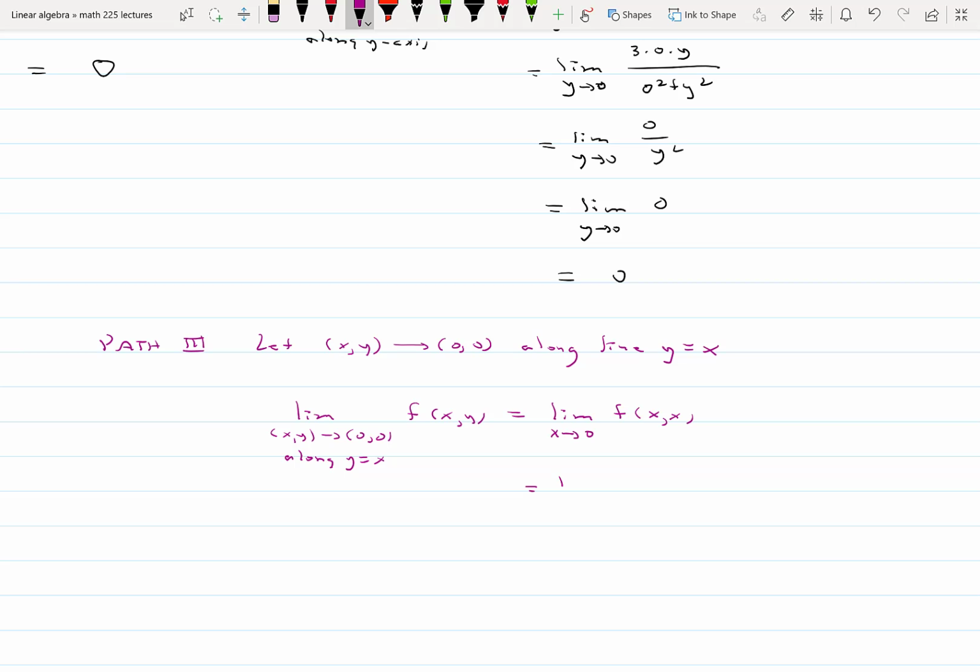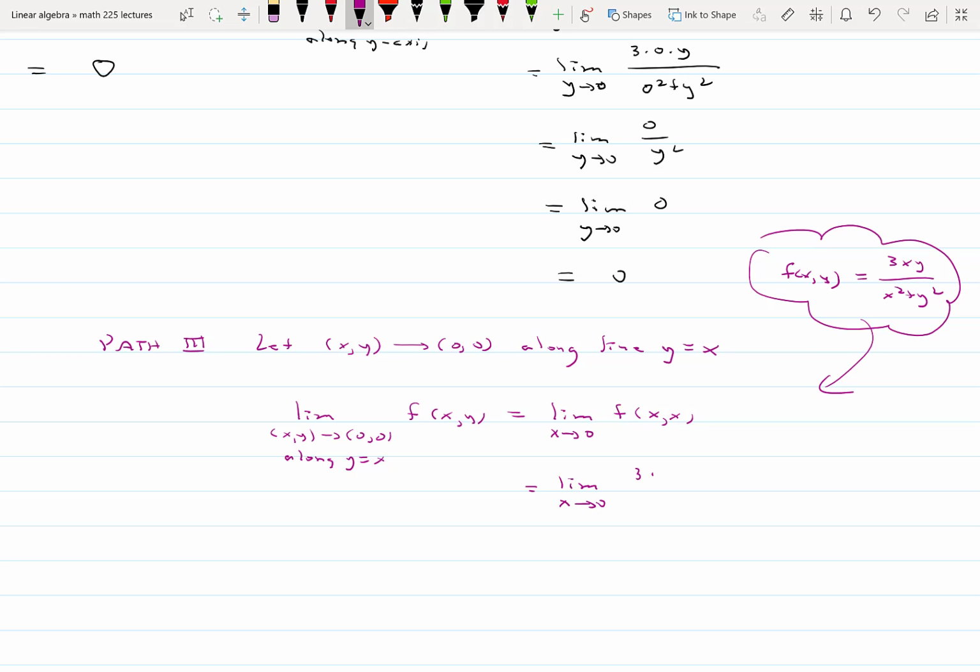So let's see what we get. This is the limit as x approaches 0. Don't forget the function. The original function, just to have it here, was 3 times x times y over x squared plus y squared. I want to find the limit of this function at (x, x).